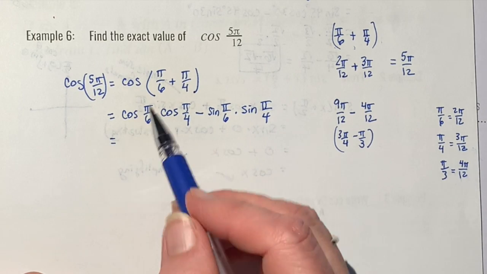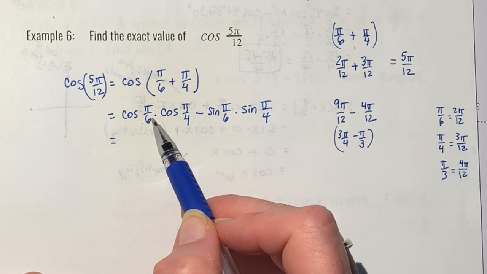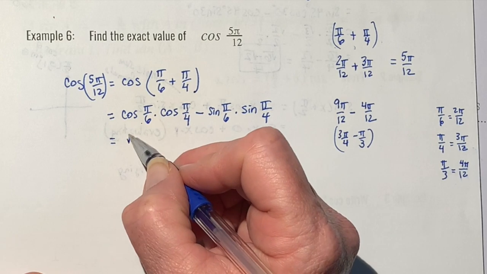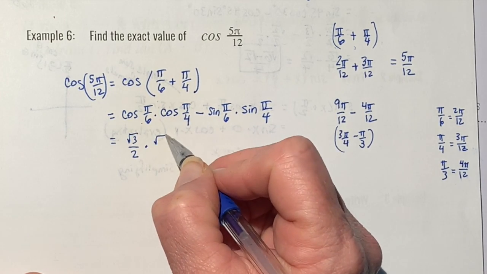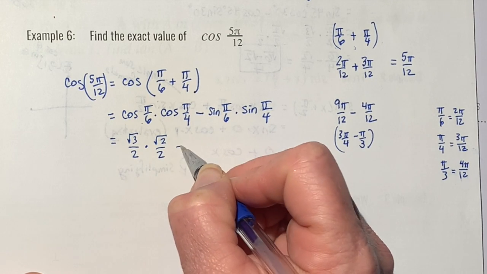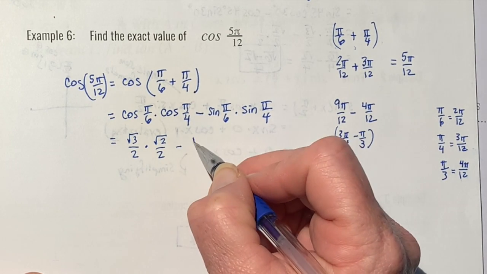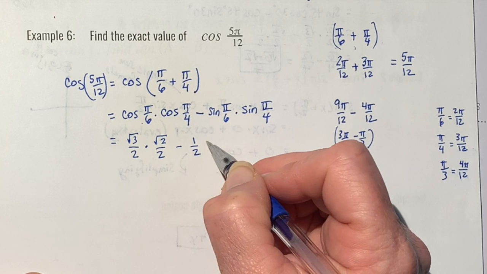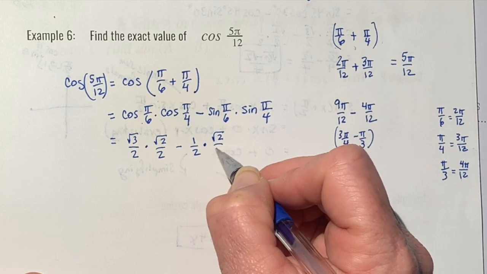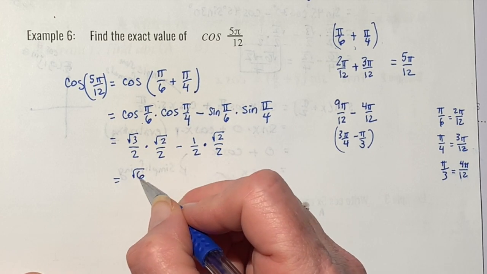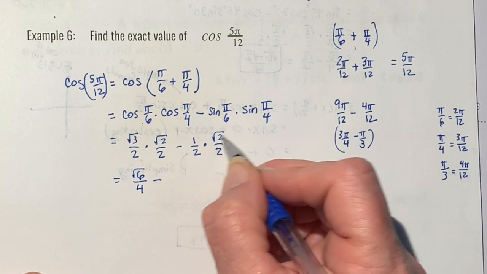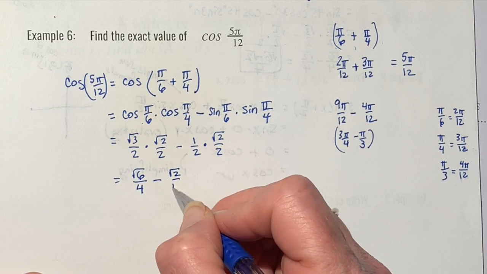All right, the cosine of pi 6 is square root of 3 over 2. The cosine of pi 4ths is square root of 2 over 2. The sine of pi 6 is 1/2, and the sine of pi 4 is the square root of 2 over 2. So this is square root of 6 over 4 minus square root of 2 over 4, just doing the multiplication.